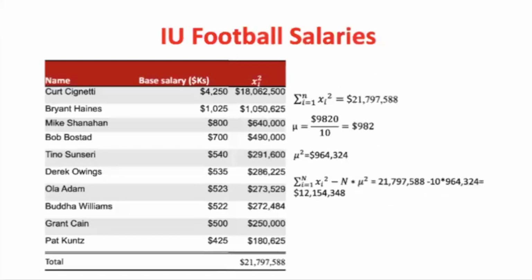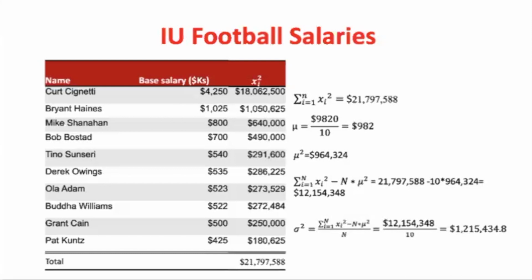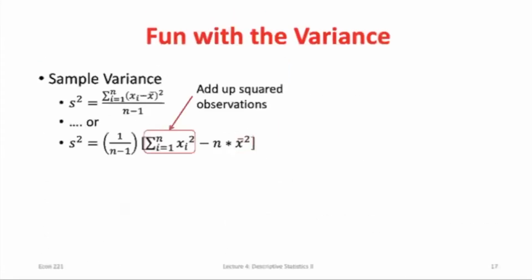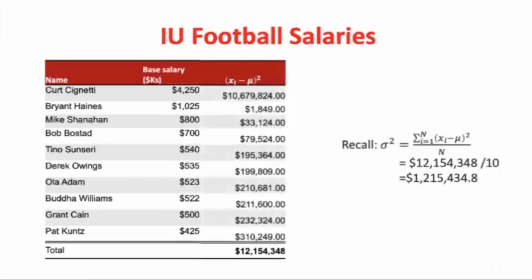So I've got the sum of the x's squared. I've got n, which was 10, times the mean squared. If I do that, I get about 12 million. Well, that's just my numerator. I still need to divide by the number of observations, or 10. And sure enough, I get the same 1,215,000 that I found if I go all the way back to calculating it the other way.